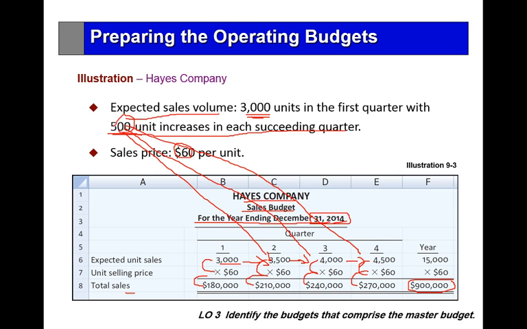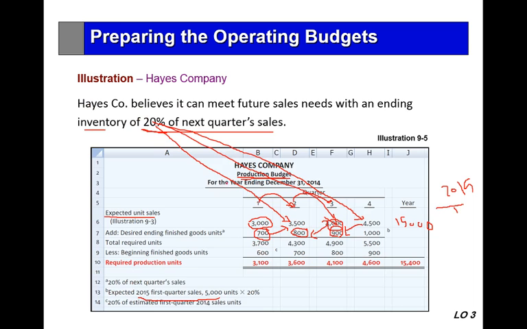Then 4,500 plus 500 equals 5,000 units for the first quarter of 2015, multiplied by 20%, we have 1,000 units.